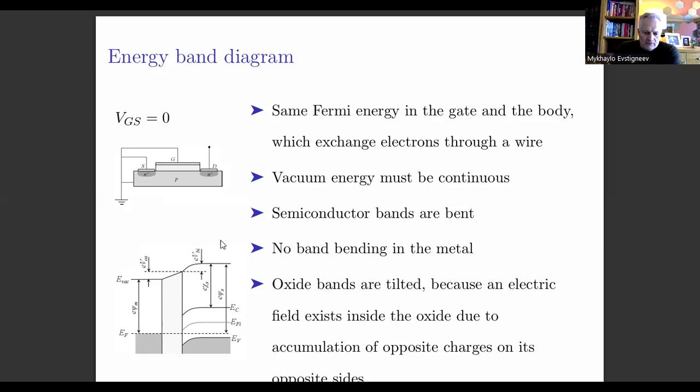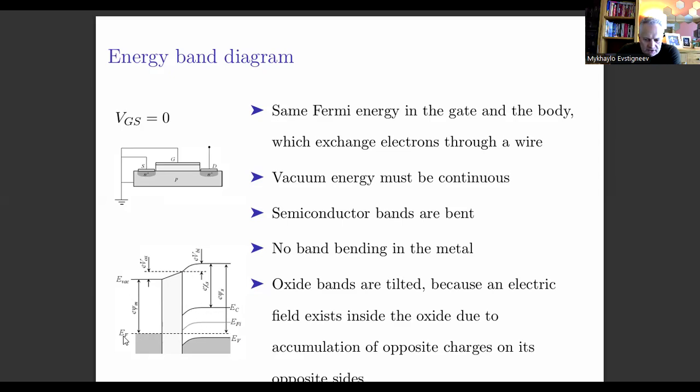And the semiconductor adjusts itself by redistribution of its majority carriers, holes in this case, and this redistribution results in the band bending of the semiconductor. We assume in this diagram that the semiconductor work function is higher than the metal's. This is not a necessary assumption, but let's assume that. So the semiconductor bands have to bend a little bit.